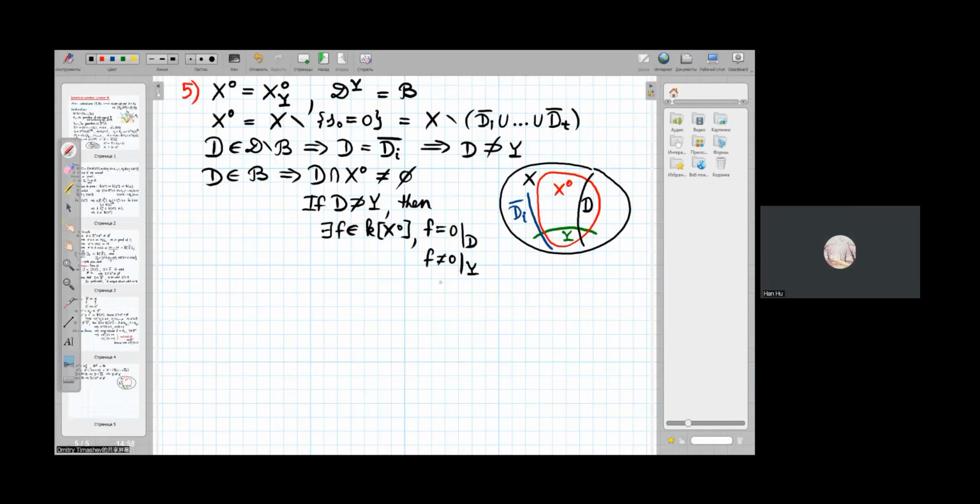Which implies, of course, for this function... Do we still use the second approximation lemma here? So far not, but we'll use it immediately in a moment.